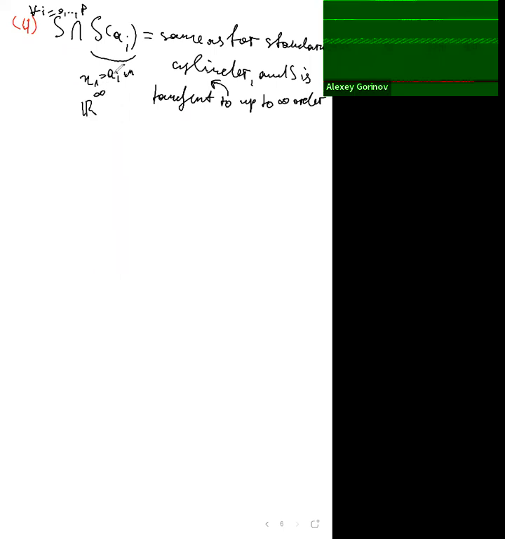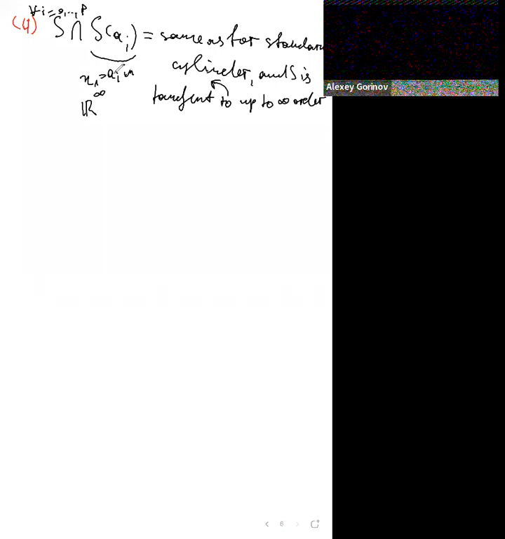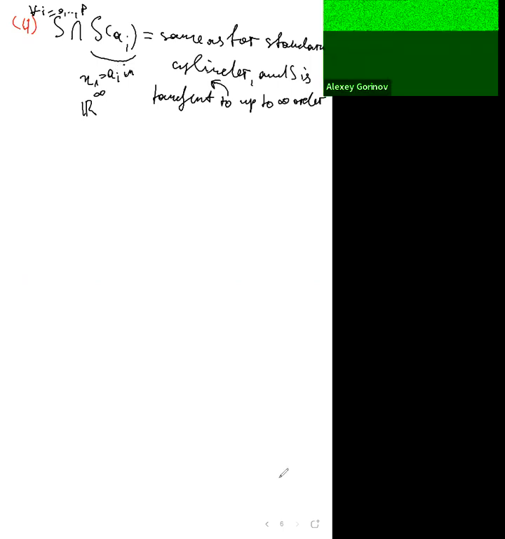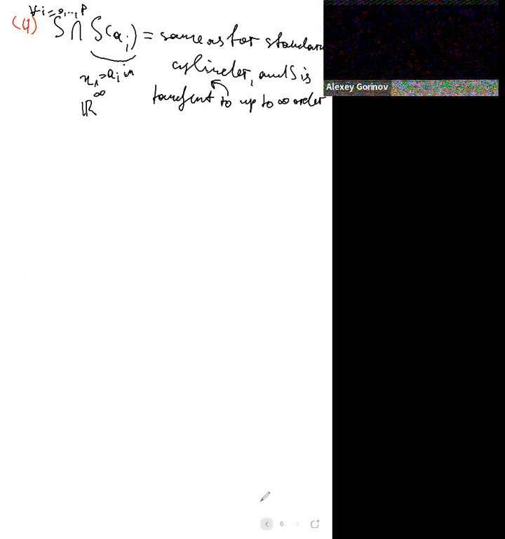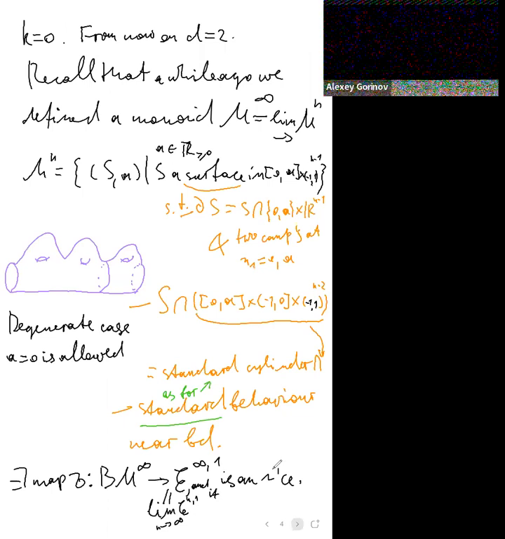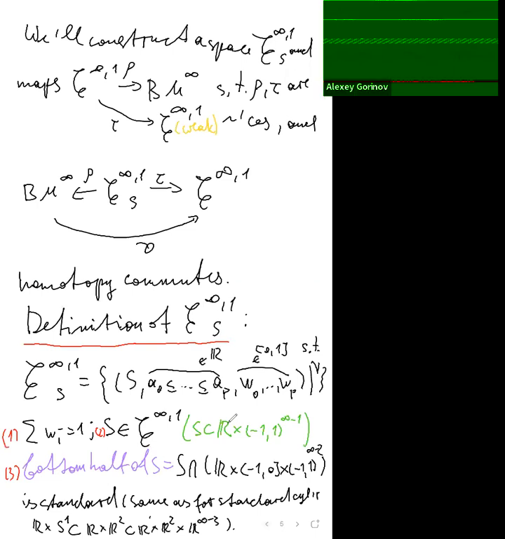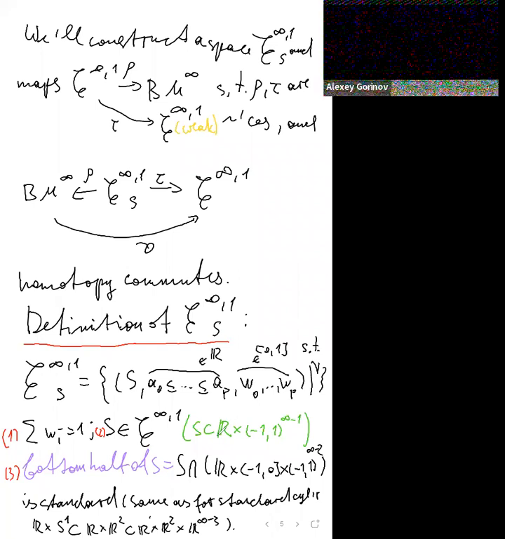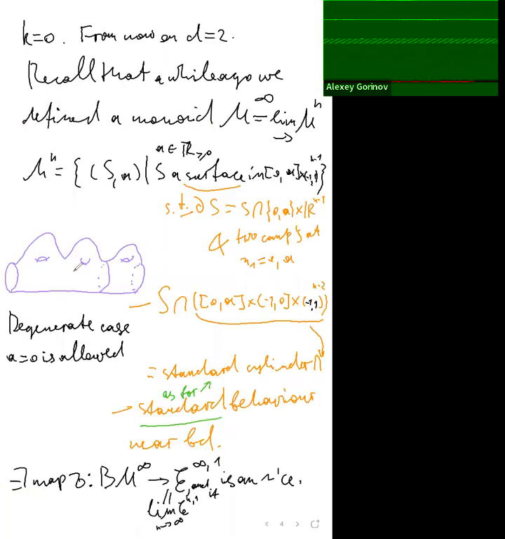the hyperplane x1 equal AI in R infinity, where x1 is the first coordinate. Basically, in this picture, x1 is the horizontal coordinate. It is the coordinate along which we glue the surfaces in this monoid.